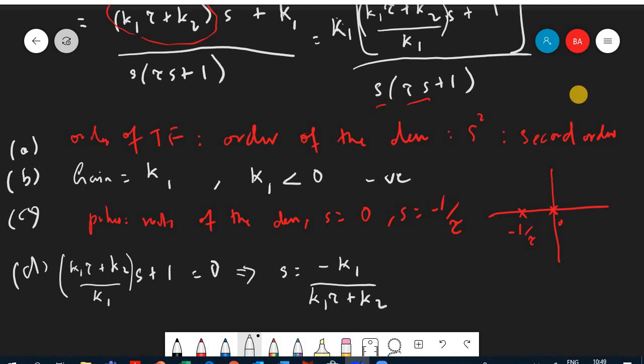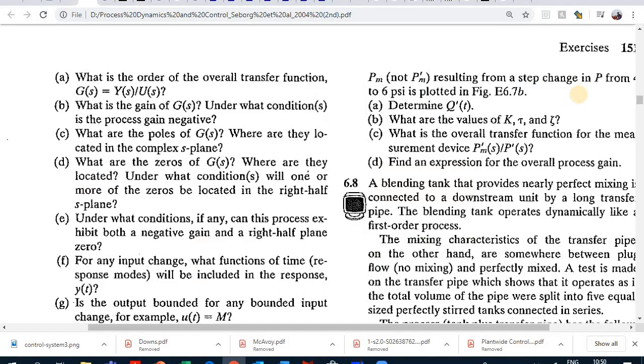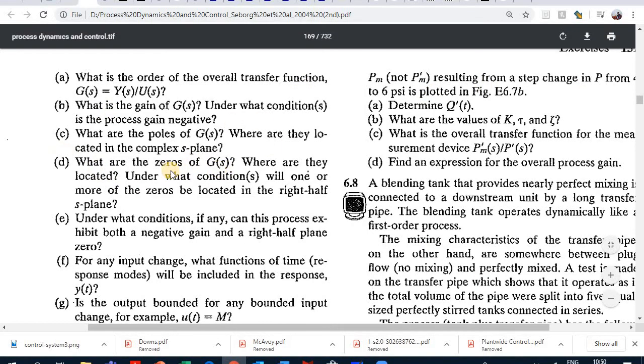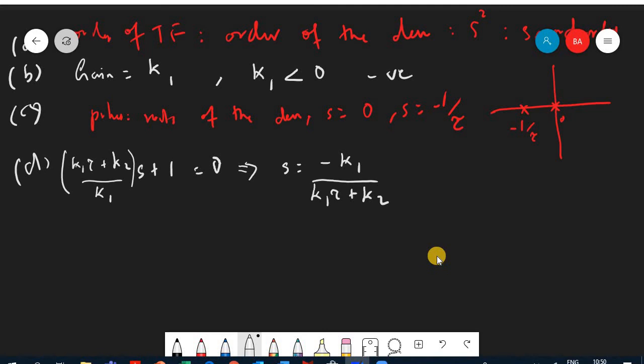Now the question is: under what condition will one or more of the zeros be located in the right half S plane? So it is asking me what are the values based on which I'm going to say that it is going to be on the right hand plane.